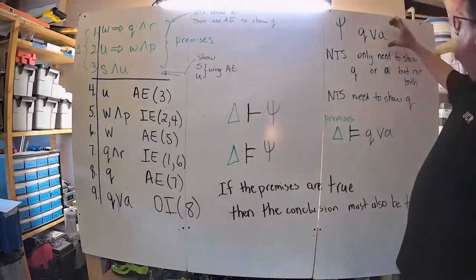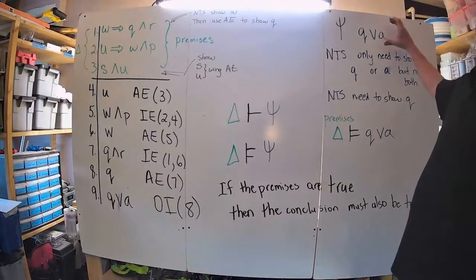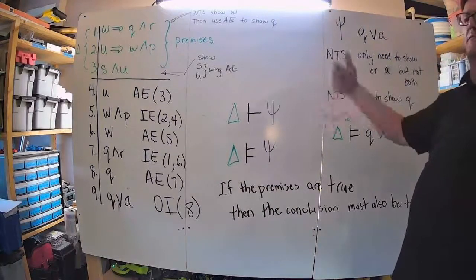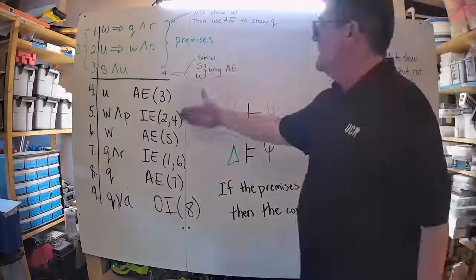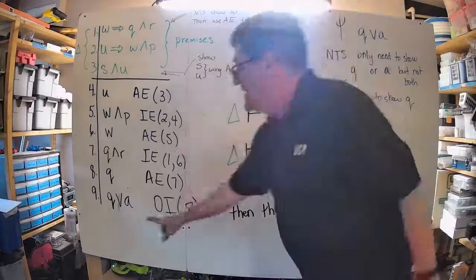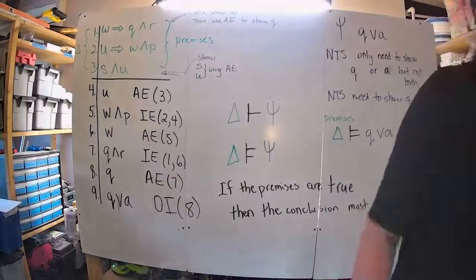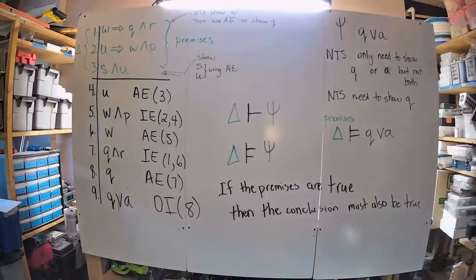I'm going to try to prove this other sentence or use some steps of inference, rules of inference, to go step by step by step by step until my final line is the conclusion that I want. That's the whole game. That's called proving something.